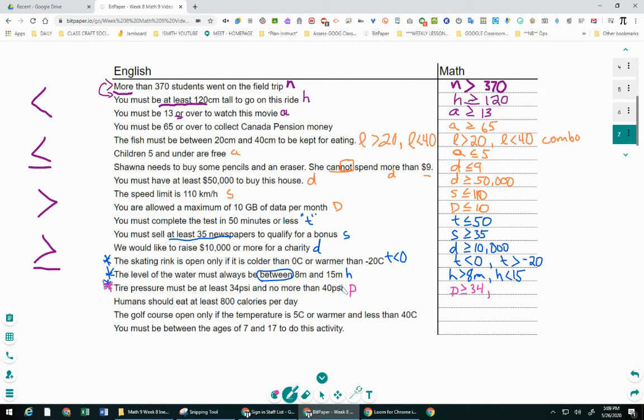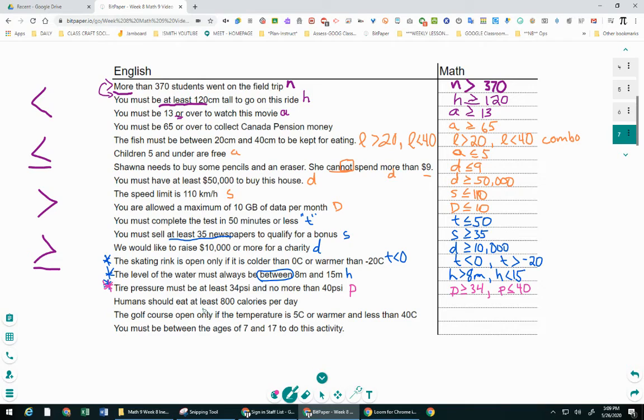But at the same time, you can't overinflate these tires. The pressure should be no more than 40, but it could be 40. So it's got to be less than or equal to 40. It says no more than 40, which means if you hit 40 on the nose, you're good. The pressure of your tires can be 40. The pressure can be 34.